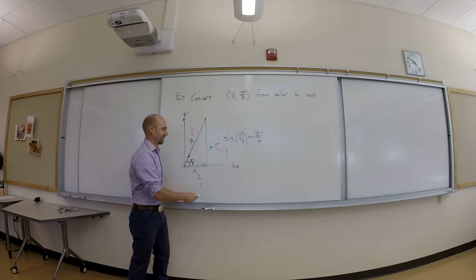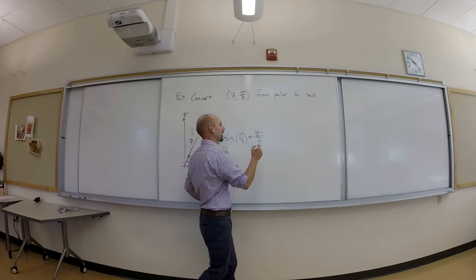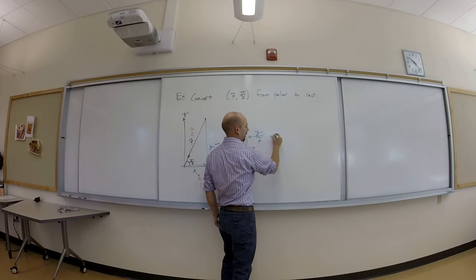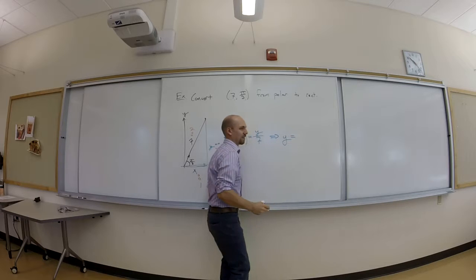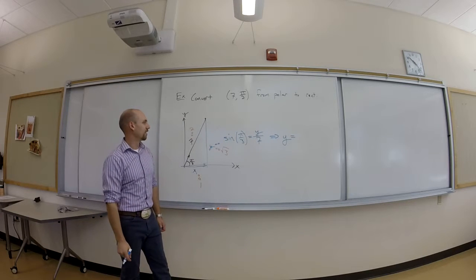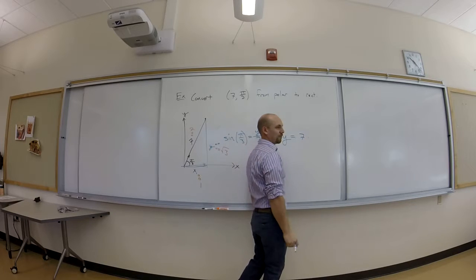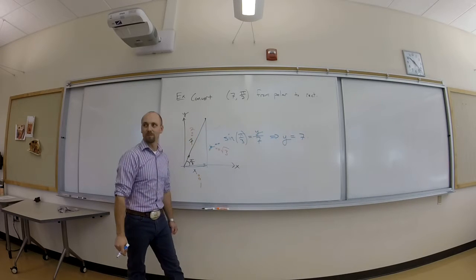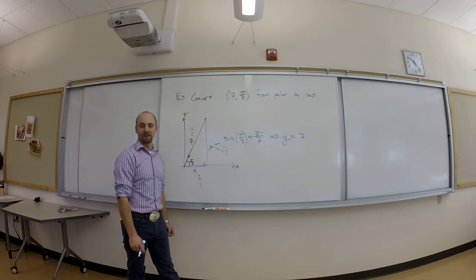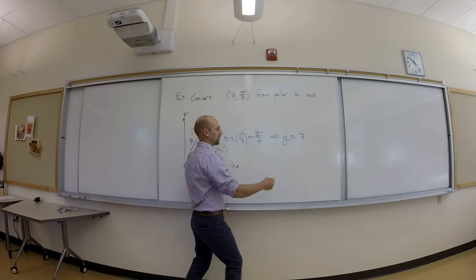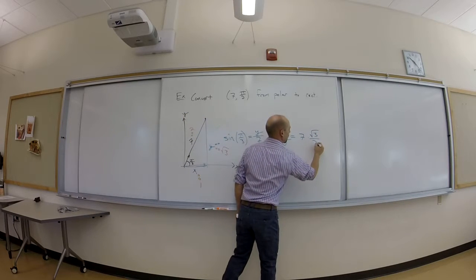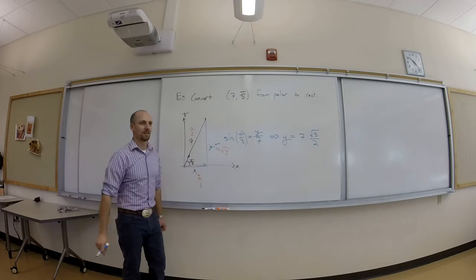Okay, either way. So whatever you end up with, what are you going to get for y? 7 times sine of 60, which is root 3 over 2. Cool.